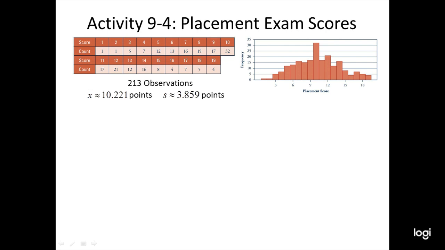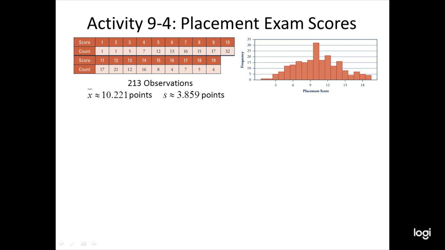Okay, so the specifics of this activity, we've got a whole bunch of placement exam scores. There's 213 observations altogether. And some work has been done for us, thankfully. We don't have to figure out the mean. We know that the mean is 10.221 points and the standard deviation is 3.859 points.